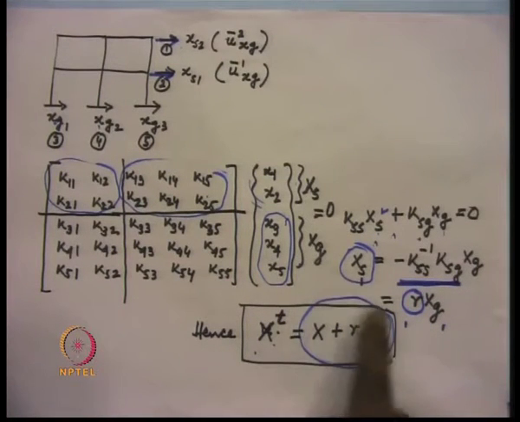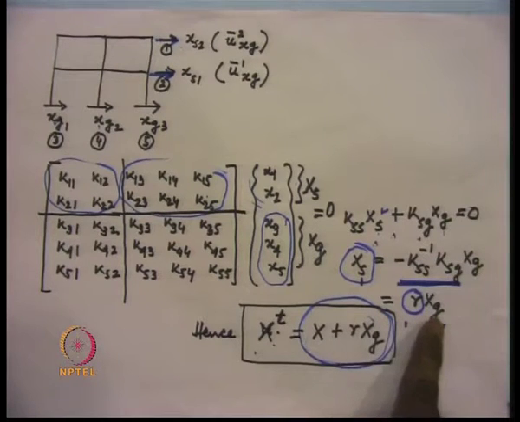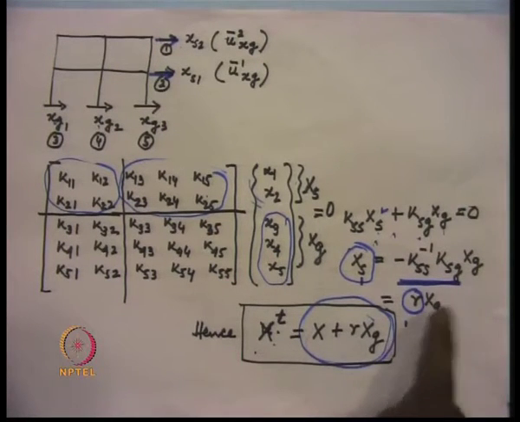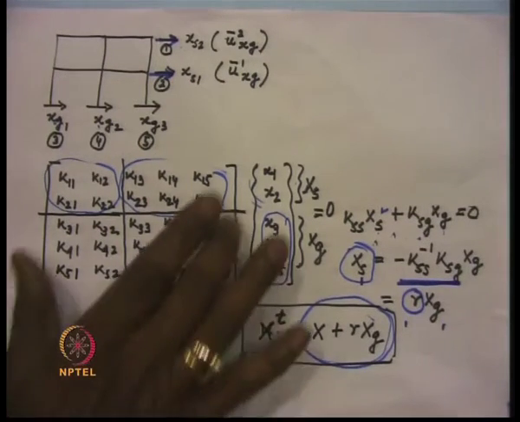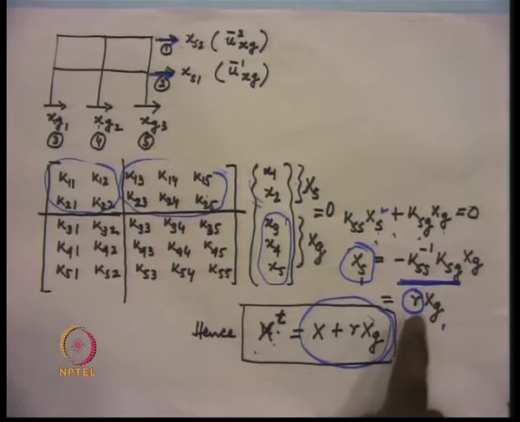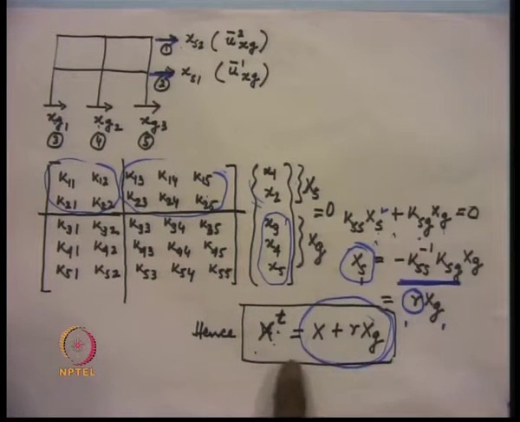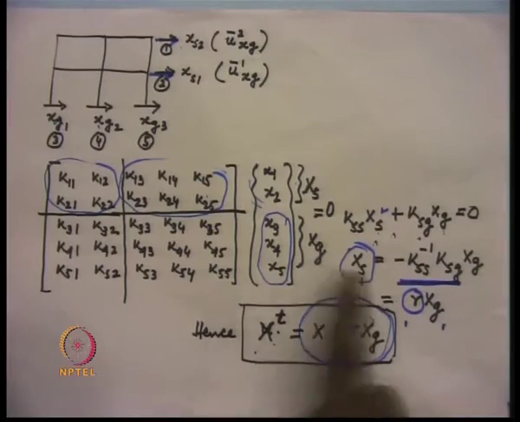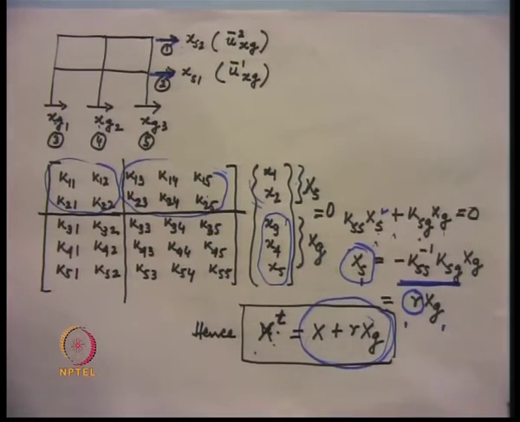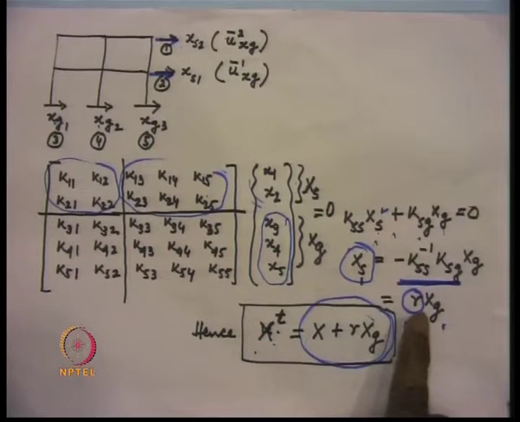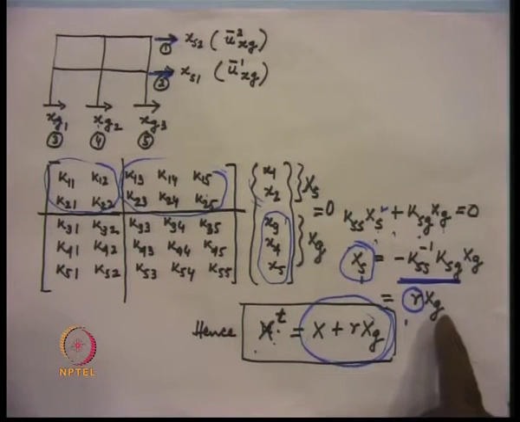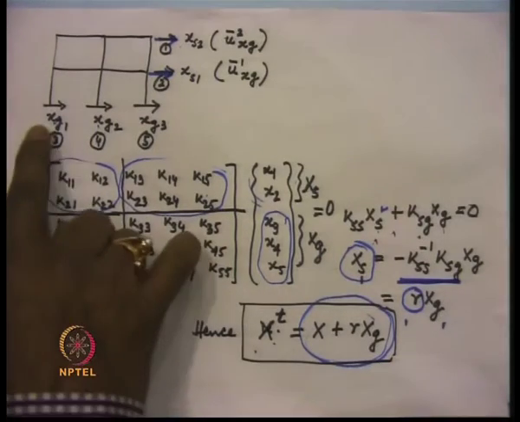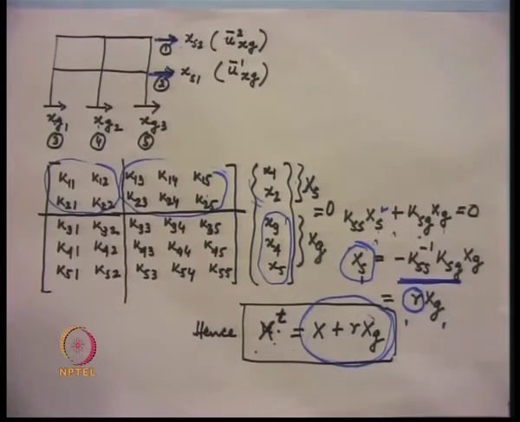We can write down xs in general to be equal to r into xg, where r is a matrix consisting of minus kss inverse into ksg. So, for a given frame, one can find out this R matrix very easily, and then one can write down the quasi-static displacement to be equal to R matrix times the xg, that is the displacement which is taking place at the supports.